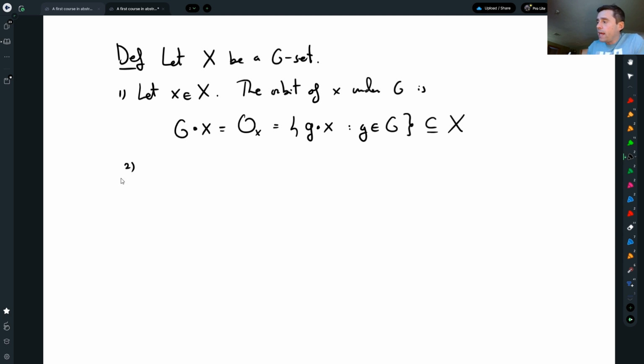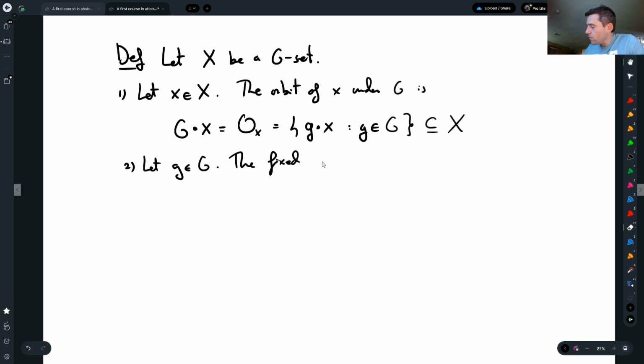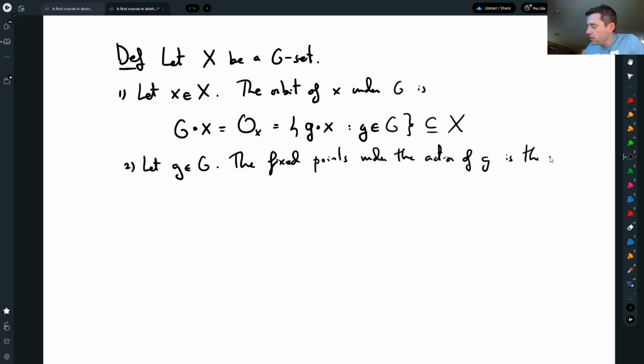Two, let g be in G. The fixed points under the action of g is the set. These are going to be the points that g acts trivially on. We're going to denote it X^g, and those are again x's such that g dot x is x.